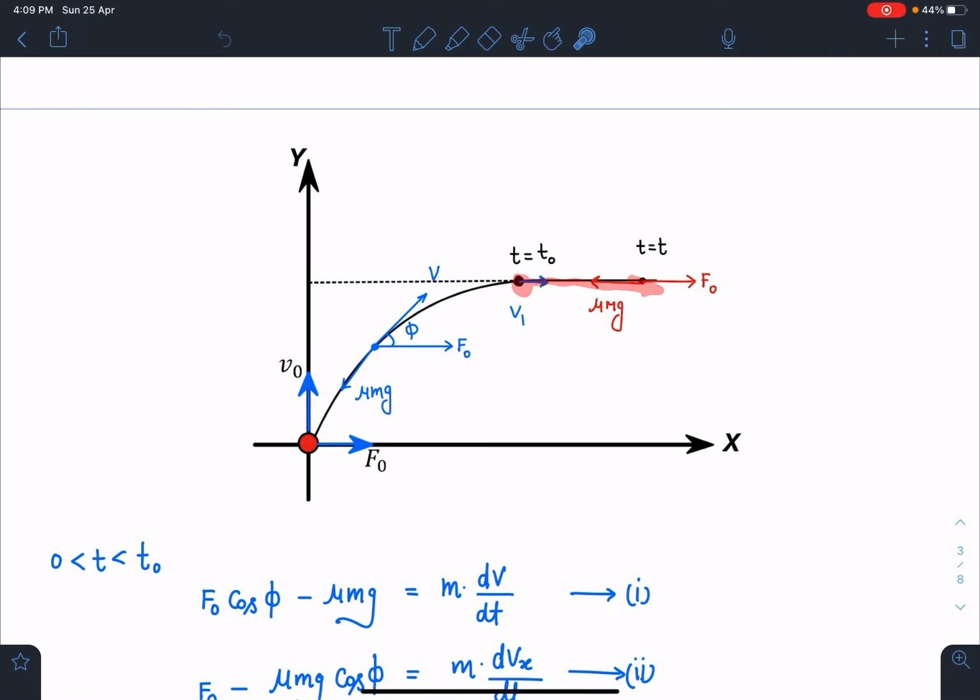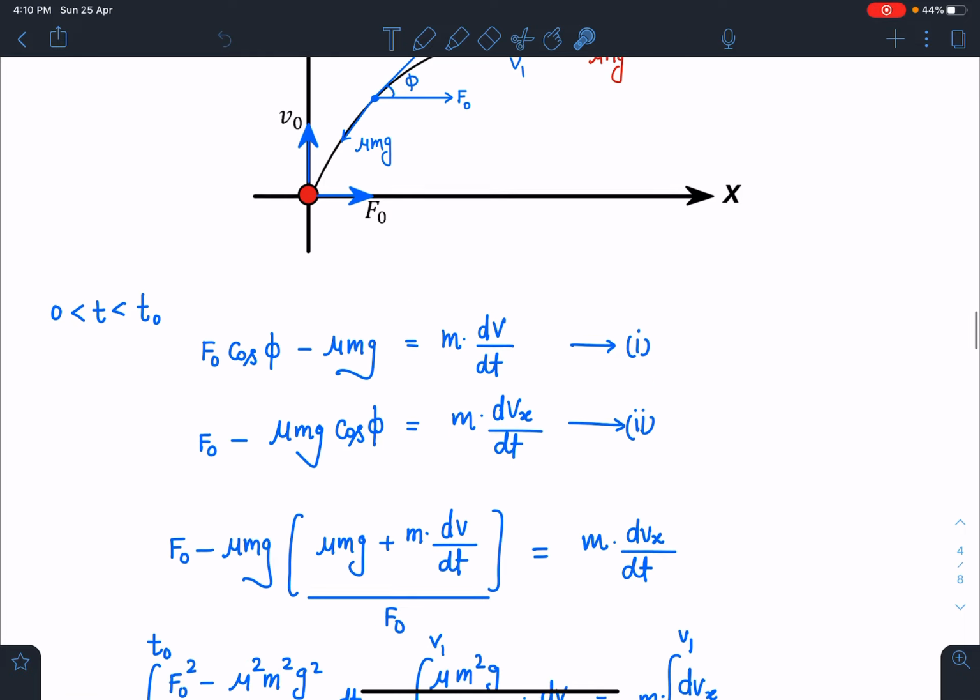After this, the equation is quite simple. It is f0 minus mu mg, so it is moving with constant acceleration afterwards. And here I have purposely taken f0 is equal to mu mg, meaning once it reaches this velocity of v1, it will be moving with a constant velocity of v1 for the rest of the time.